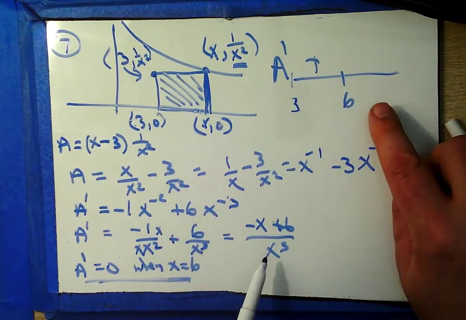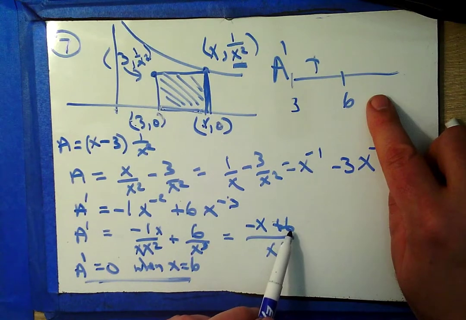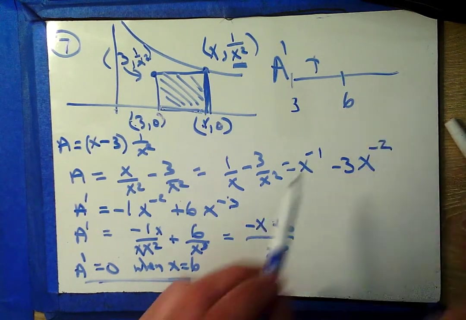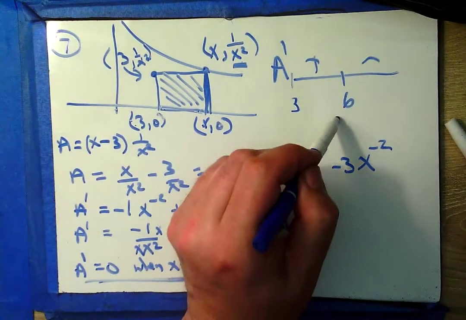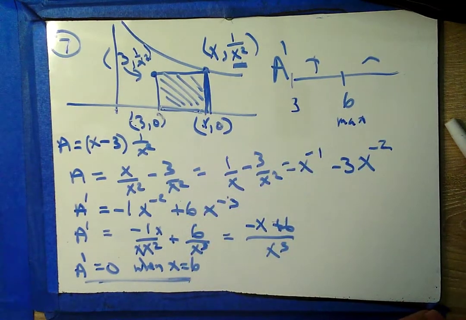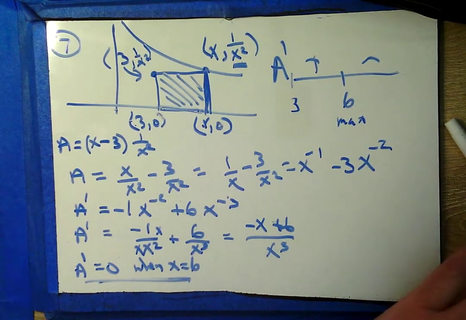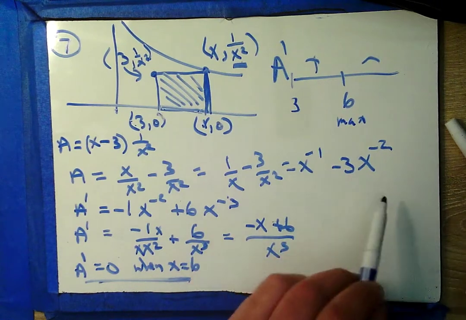And if I put in a bigger number here, like 10, negative 10 plus 6 is negative 4 over 1,000. That's definitely a minus. So I have a max at 6. Am I asked to justify? No, it's multiple choice. I see my choice here as C.